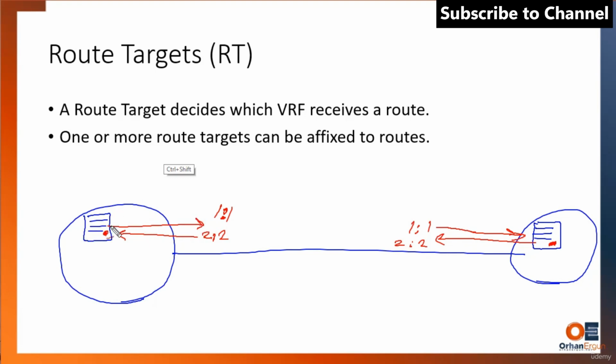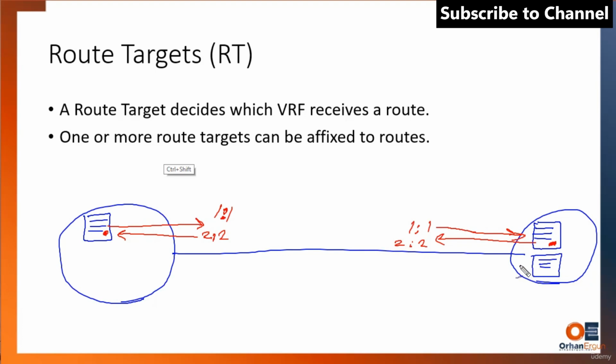in one of these. Now, can I import one of these into multiple routing tables on the other side? It is possible. Let's say that I have another routing table here, and for some reason, anything that comes from the other side with a route target of 1:1 needs to be imported here as well.